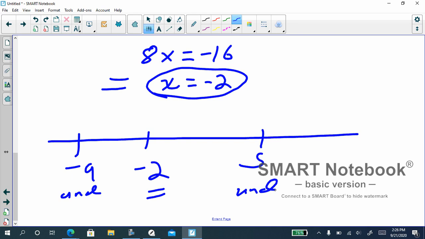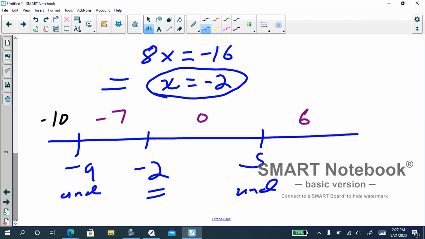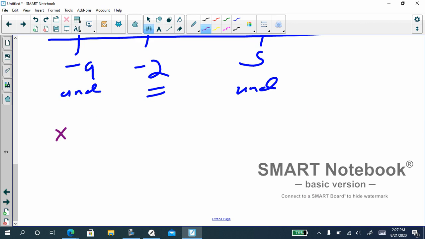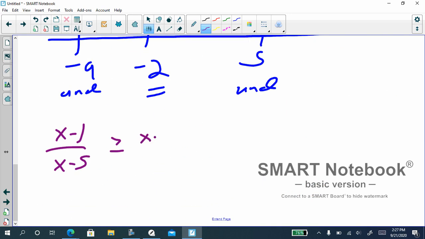So then we would want to go through each interval and test values and see in which intervals do numbers work and which intervals do numbers not work. So we're going to take our original problem, x minus 1 over x minus 5 is greater than or equal to x plus 5 over x plus 9.